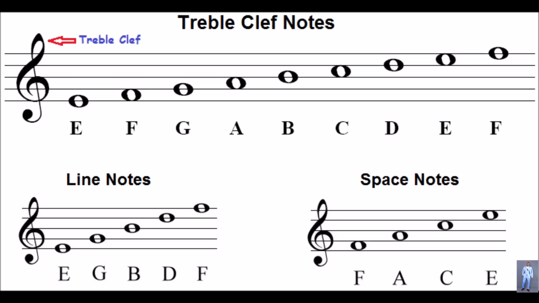On the first line we have note E, then we move progressively: F, G, A, B, C, D, E, and finally the last line up is note F. Line notes are E, G, B, D, F: Every Good Boy Deserves Football. Space notes are F, A, C, E: FACE.